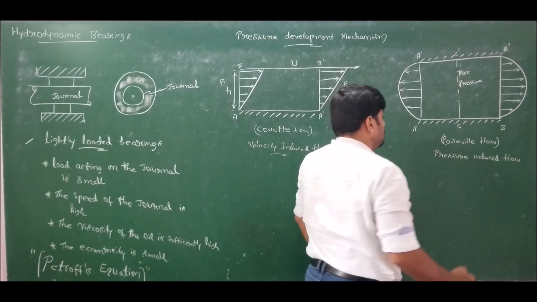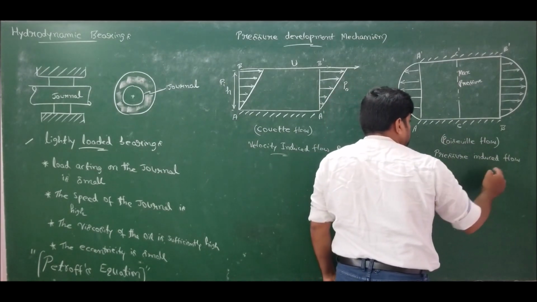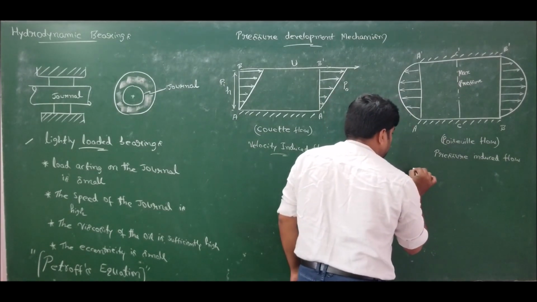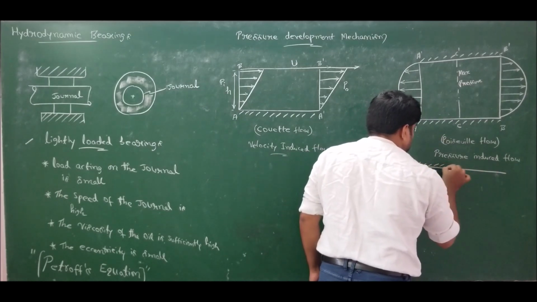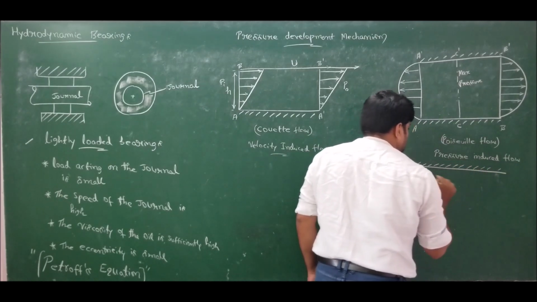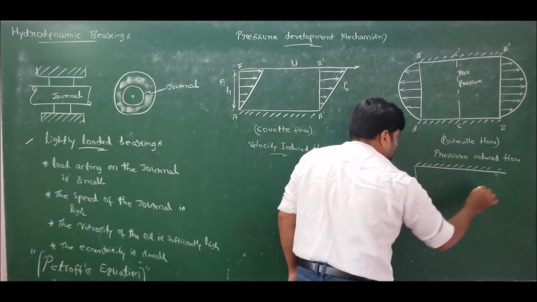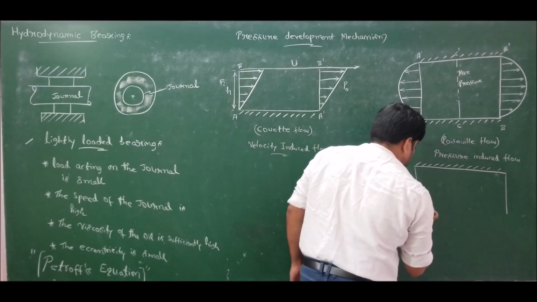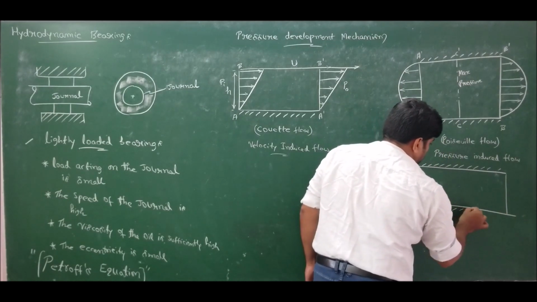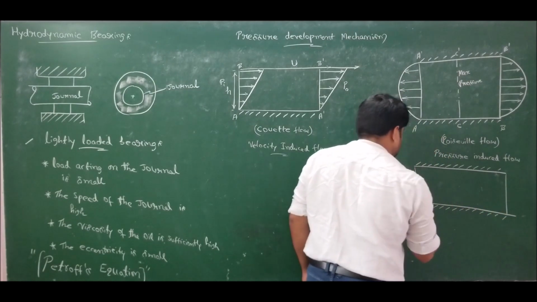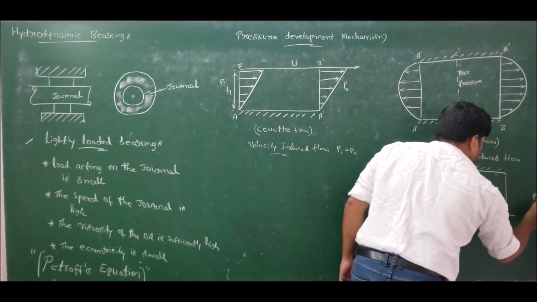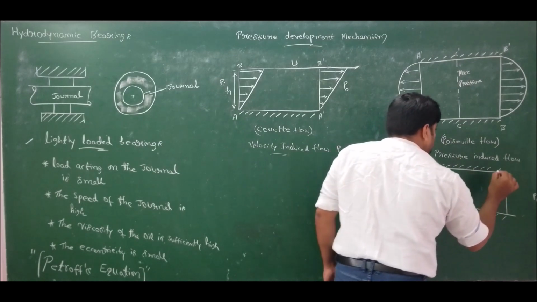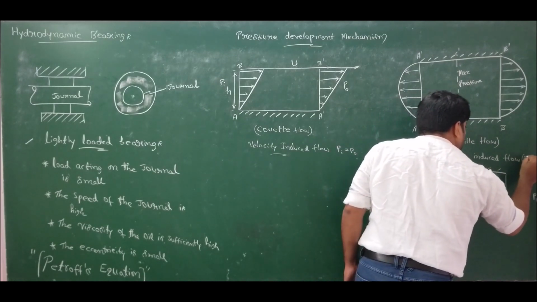Whereas in case of Poiseuille flow or pressure induced flow, due to the pressure difference between the inlet and exit like this, let us take this as Pi and this as P0, wherein Pi is greater than P0.